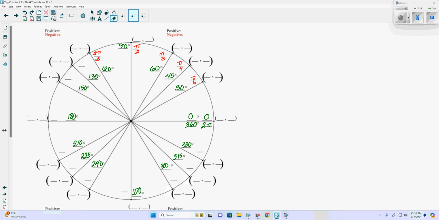I keep using the bar that they gave us as a division bar. 7 pi over 6, 5 pi over 4, 4 pi over 3, 3 pi over 2, 5 pi over 3, 7 pi over 4, and 11 pi over 6. And then we get all the way back around with 2 pi.